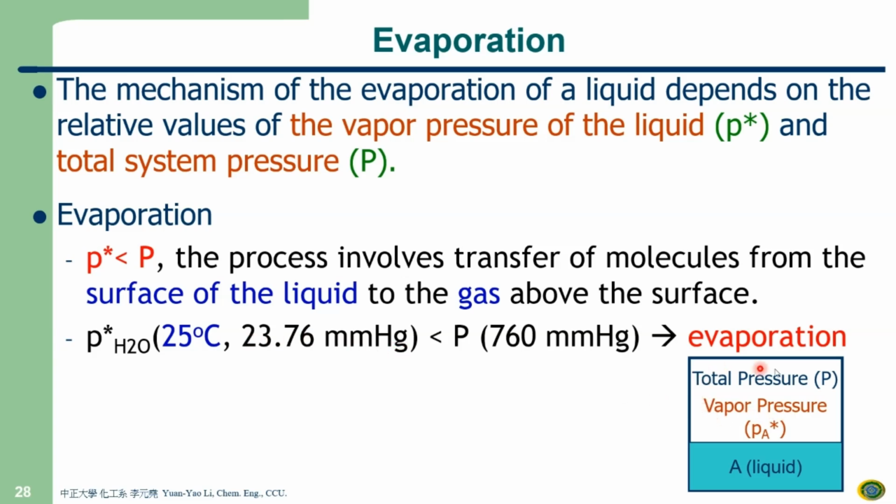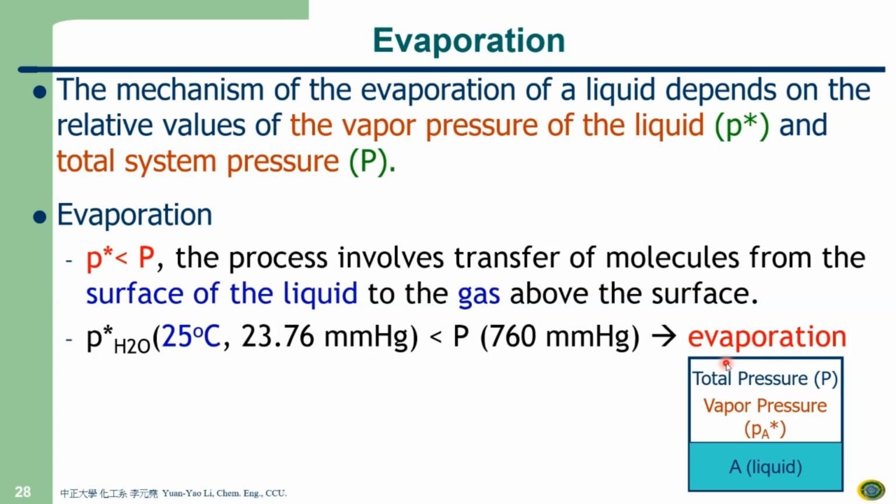However, at room temperature and 1 atmosphere, the total pressure will be 760 millimeters of mercury. So in this case, Pi star, which is 23.76, is less than 760 millimeters of mercury. At this moment, you understand this is the process of evaporation.